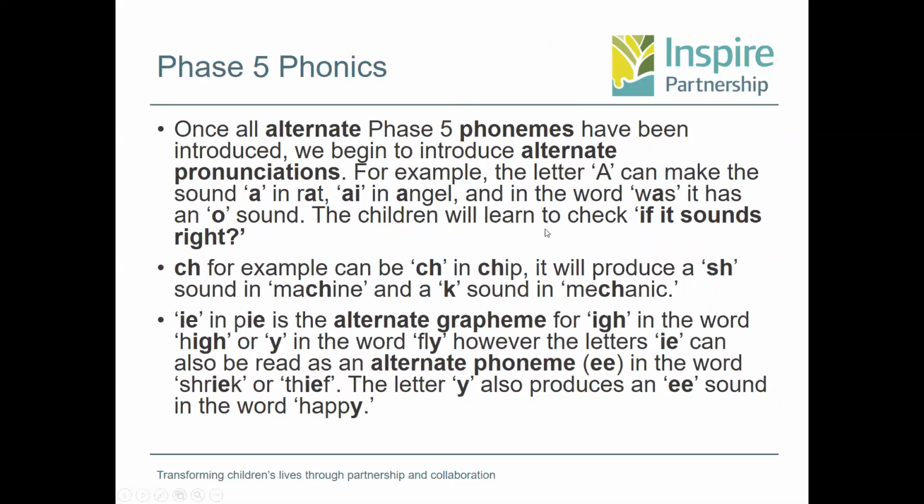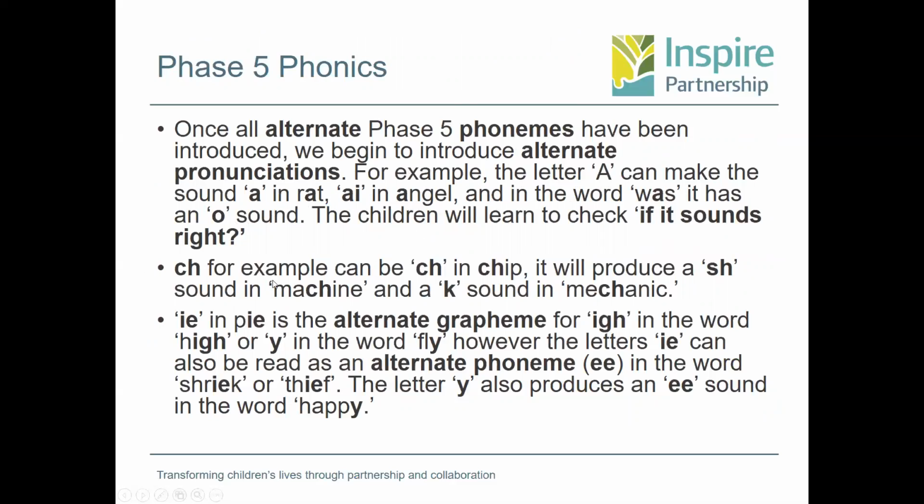The children will learn to check if it sounds right when they read it. So they might sound it as they ordinarily would. In the simplest form, they might even say apple. And that doesn't sound right. They'll go angel. And then they might think to themselves, well, if it's not an a, it could be an ai.